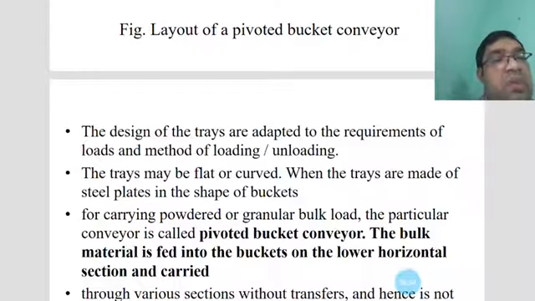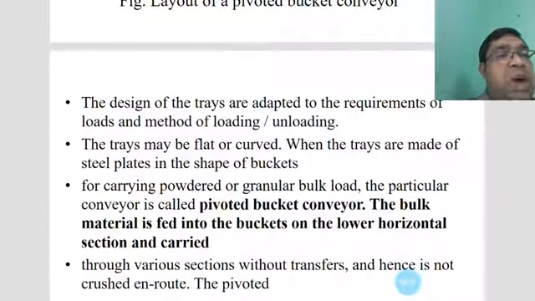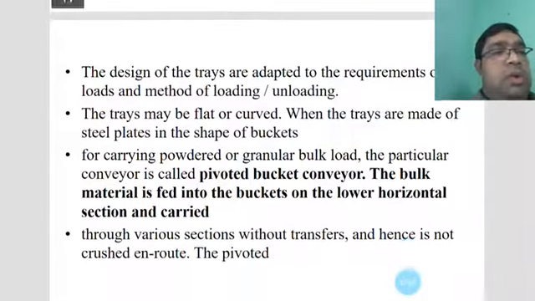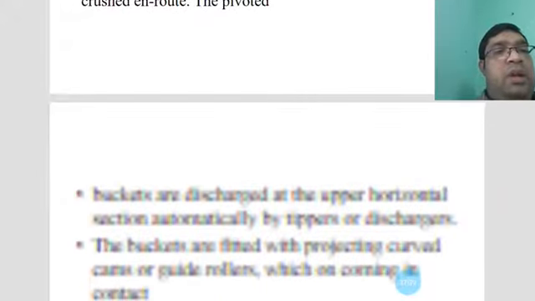The bulk material is fed into the buckets on the lower horizontal section and carried through various sections without transfer, and hence is not crushed en route.